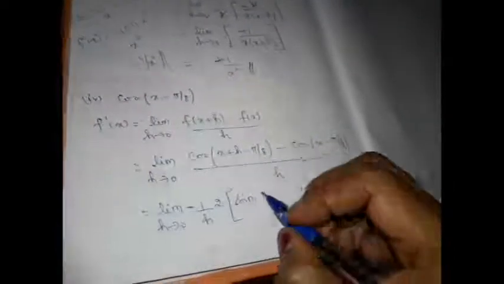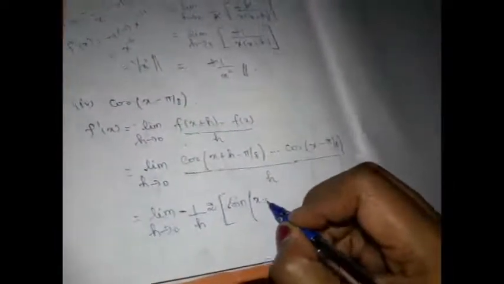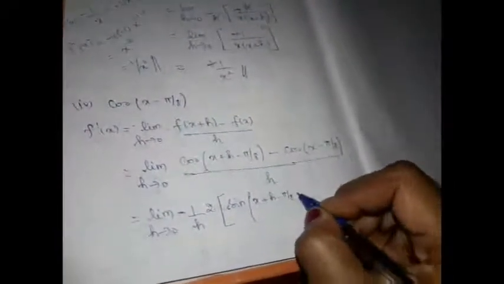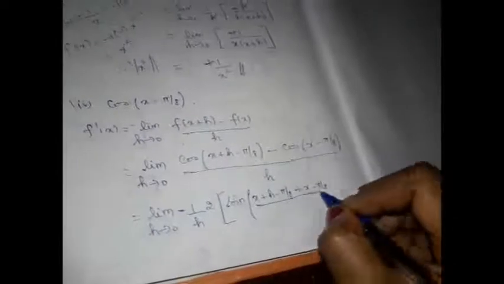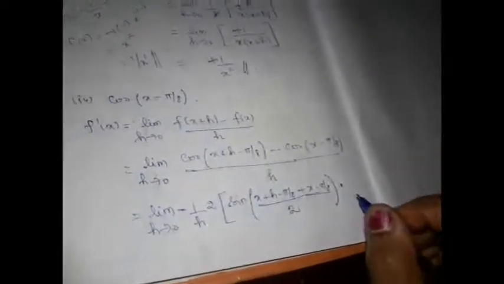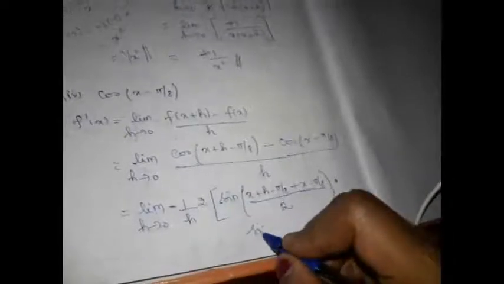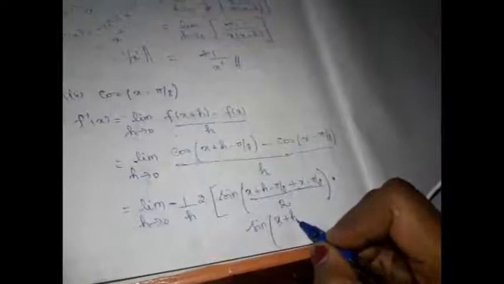So x plus h minus pi by 8 plus x minus pi by 8. This is our A, this is our B. Divided by 2 into, yes, right? So again sin of (A minus B) by 2, x plus h minus pi by 8 minus x, minus into minus it is going to be plus pi by 8, divided by 2.